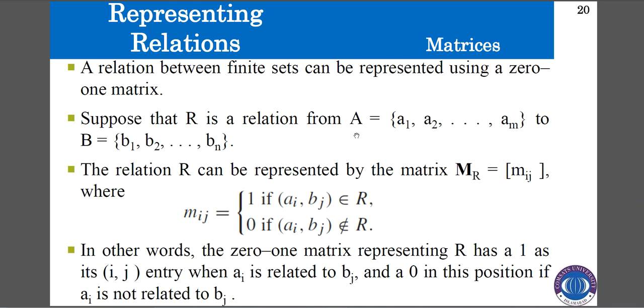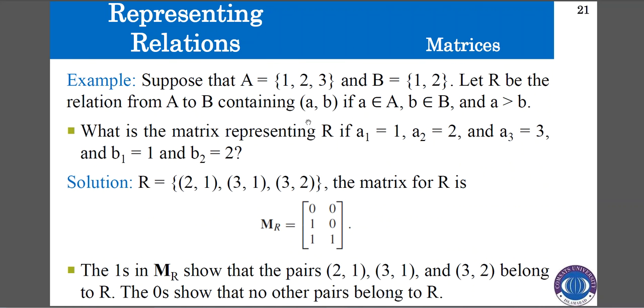The relation R can be represented by the matrix MR = [Mij], where Mij is equal to 1 if (Ai, Bj) belongs to R, and Mij is 0 if (Ai, Bj) does not belong to R. In other words, the 0-1 matrix representing R has a 1 as its ij entry when Ai is related to Bj, and 0 in this position if Ai is not related to Bj.